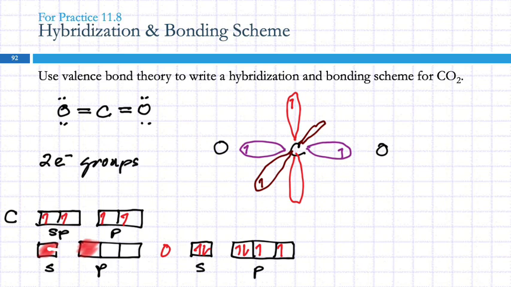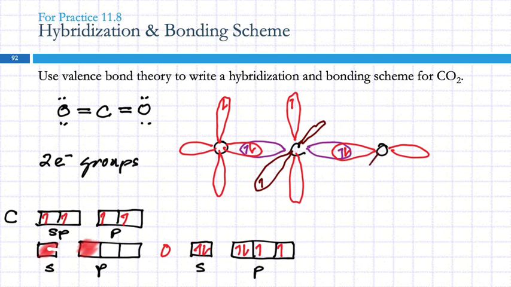And again, I'm not going to mess around with the lone pairs on the oxygens, but each of these oxygens has 2 p orbitals. So it's going to have 1 p orbital that it can overlap with the hybrid orbital of carbon. And then I'll have this one going up and down, half filled.